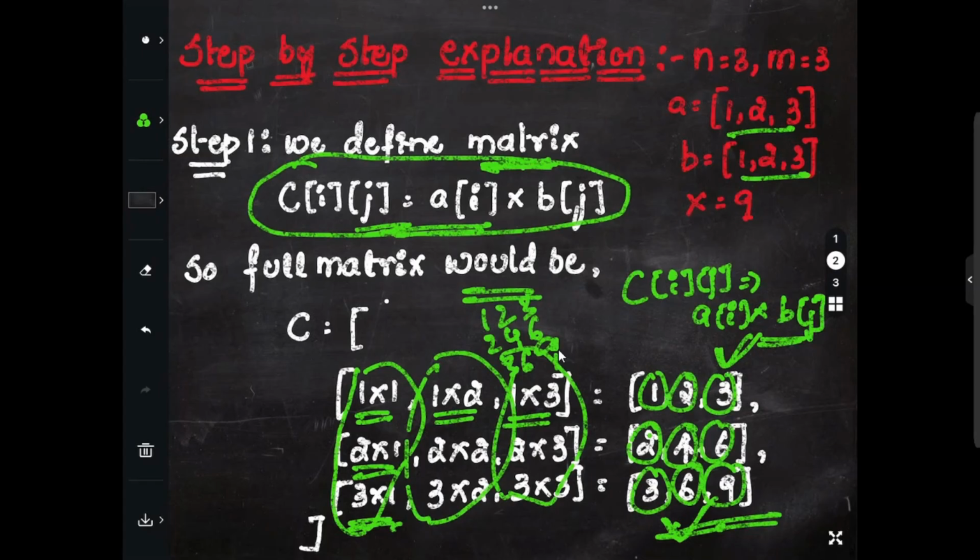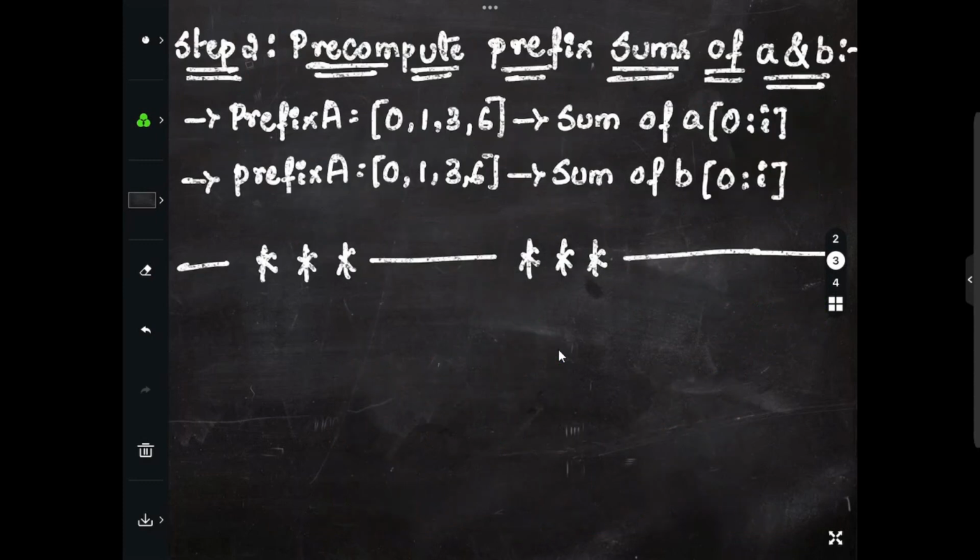That's what we have done here: 1 into 1, 1 into 2, 1 into 3, 2 into 1, 2 into 2, 2 into 3, 3 into 1, 3 into 2, 3 into 3, giving 1 2 3, 2 4 6, 3 6 9. I hope this part is clear.